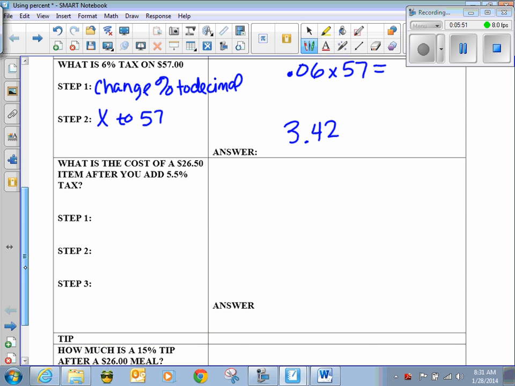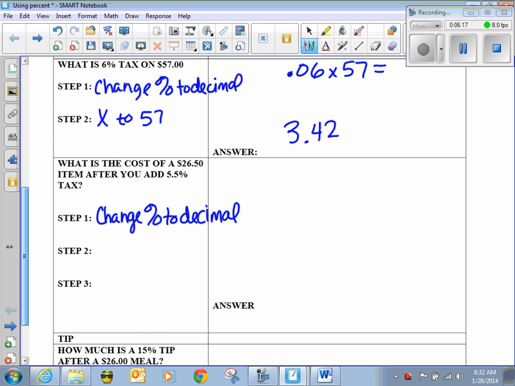Now we have the cost of a $26.50 item after you add 5.5% tax. So step 1 is still doing the exact same thing: change the percent to a decimal. Are you seeing a pattern here? Anytime you see a percent, we want to change it to a decimal.